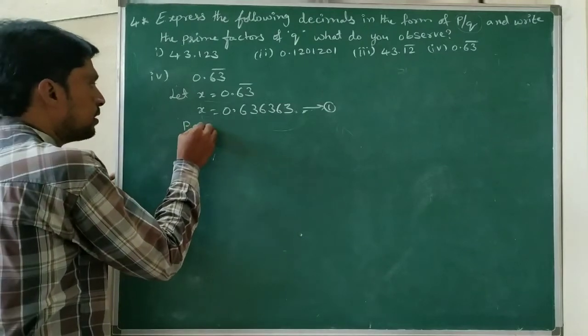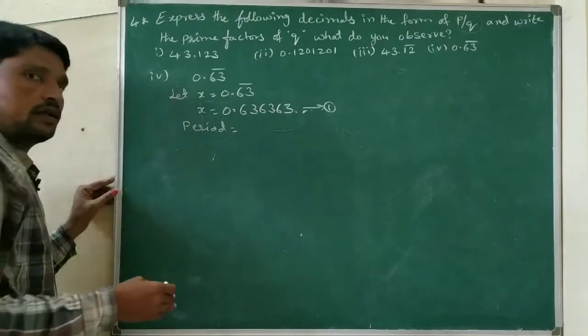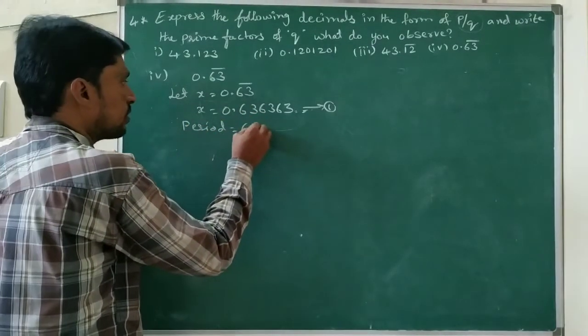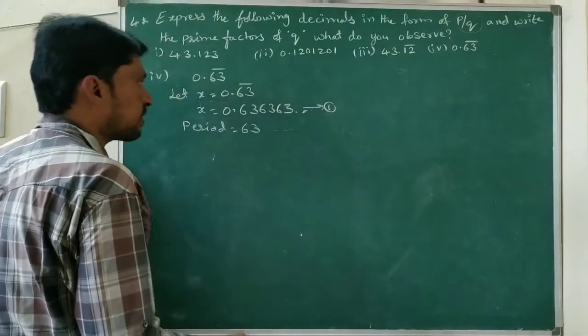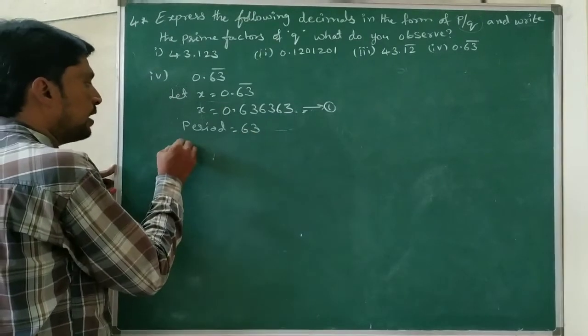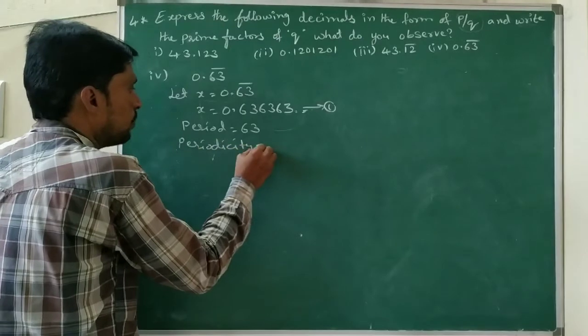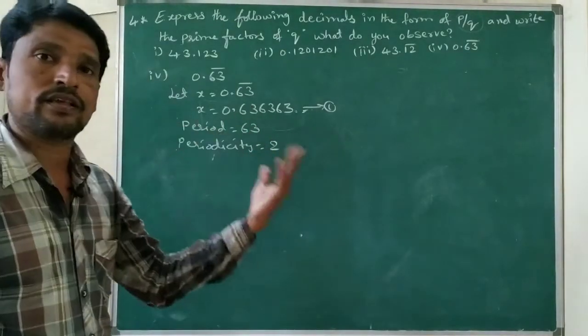Now here what is the period? Period is the number of repeating digits, not the non-repeating digits. So the repeating digits are 6 and 3. Now periodicity equals 2, meaning the number of digits.